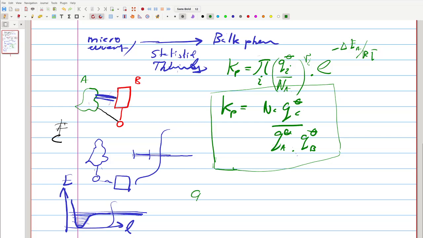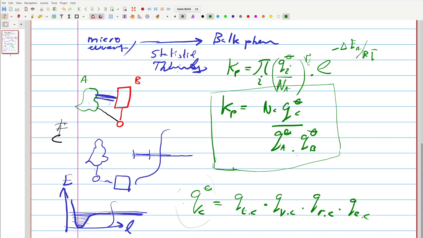Let's take this Q. It talks about Q translation of C, Q vibration of C, Q rotation of C, and Q electronic of C. All of this is modeled inside this term, included inside that term.